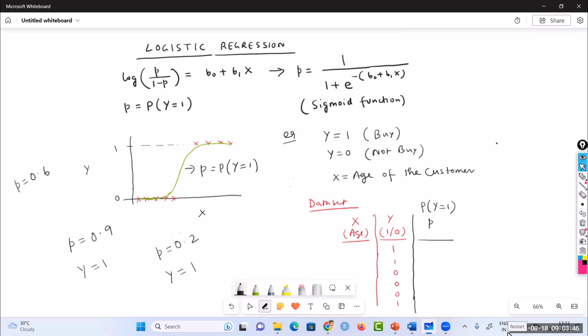What decision will I take? It will be closer to 1, so most probably they will buy. This part is clear, I think: when there is a high probability, it is highly likely that my logistic regression model is telling that the customer will buy that magazine. And if the probability value is low, then it is highly unlikely that the customer will buy that particular magazine.